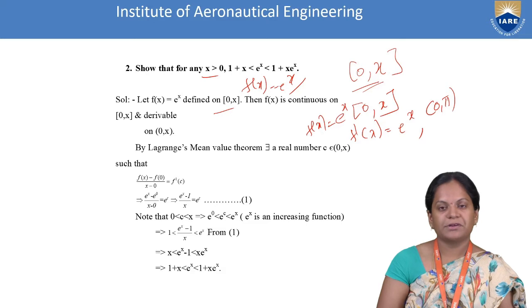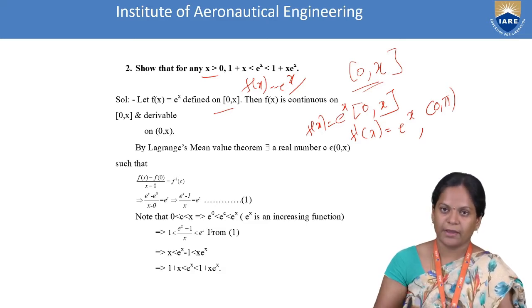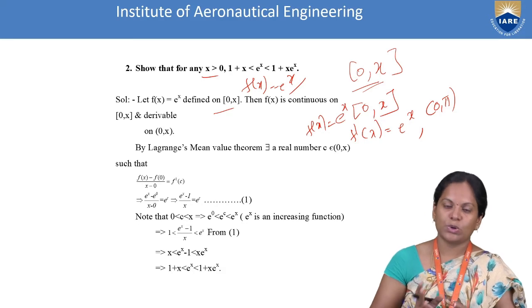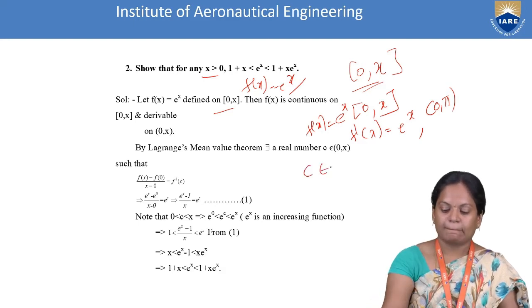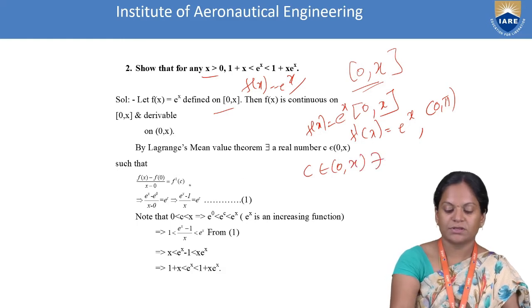So both conditions of Lagrange's mean value theorem are satisfied for the function f of x in the interval 0, x. So there exists at least one point c in the open interval 0, x such that what is the condition?